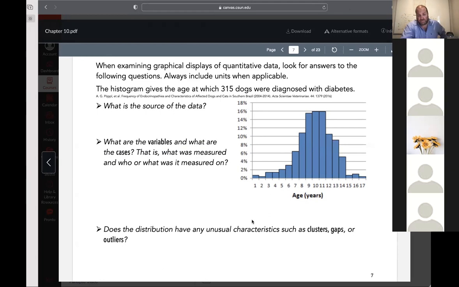Does the distribution have any unusual characteristics such as clusters, gaps, or outliers? Do we see anything really unusual here? Are there lots together and then a gap? Is there one or two in the middle of nowhere? That doesn't look like it. I mean, certainly the majority of them got diabetes at roughly the same age or within a few years of each other.